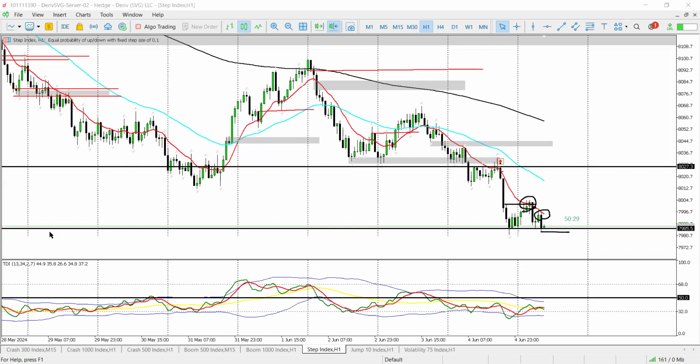So I'm just going to mark the low of today. Okay, somewhere there, the low of today. Then I'm going to mark a level. That's it. This is a broken zone, right? We have to agree, we see a broken zone there.